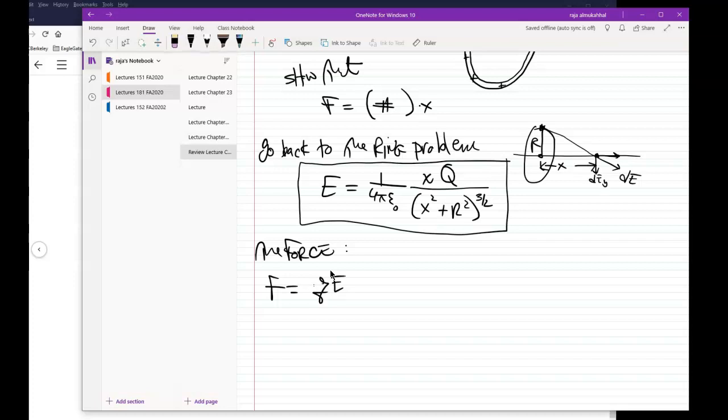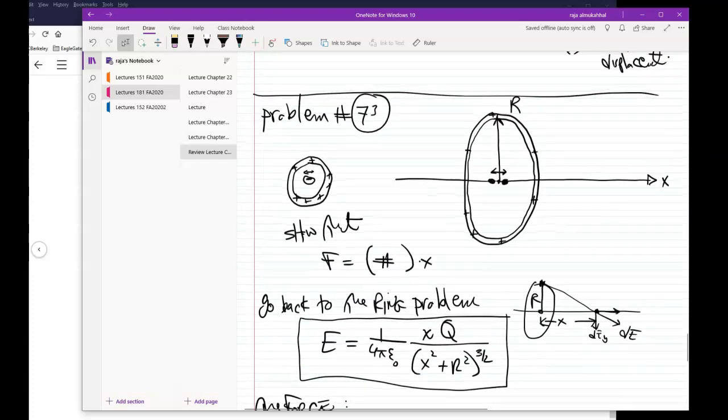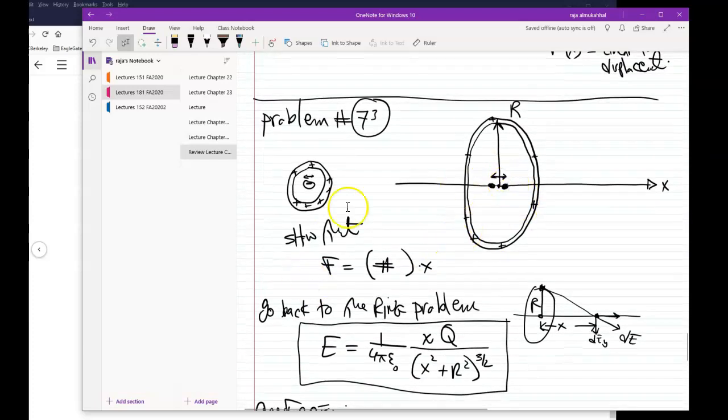There we go. Okay. So now that's going to be equal to, again, go back here and plug this E in here. Remember, this charge right here is small q, the oscillating negative charge, and the big Q is the charge of the ring.